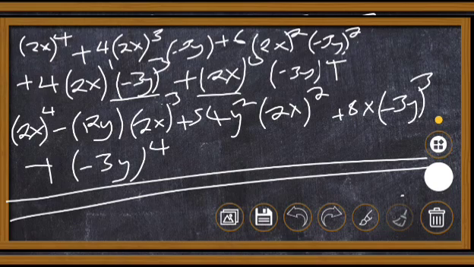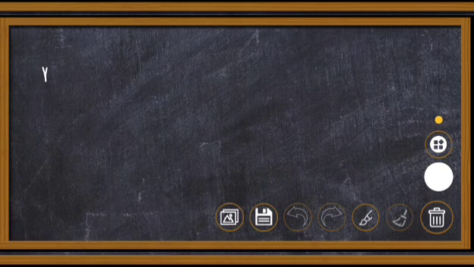So what have we noticed here? The first thing we have noticed is that the values of b keep on increasing, whilst the values of a keep on decreasing. From this formula we had a power n minus 0 and then b power 0.